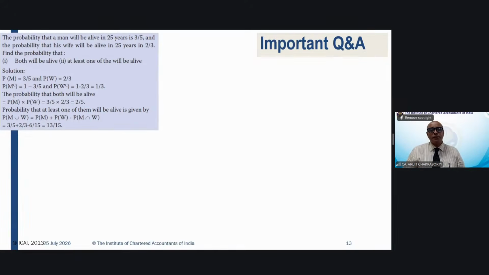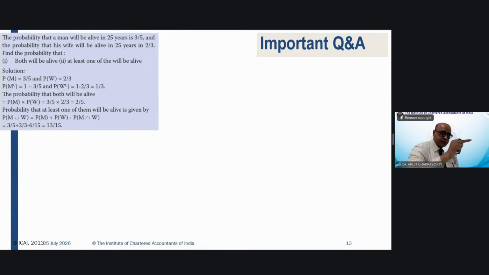How does an insurance company find out the amount of premium? How do they arrive at the value? They look at the probability that a person aged 20, 30, 55 or 60 years will live till the age of 80 or 90. So another practical application of statistics, probability specifically, you will find in the insurance sector.